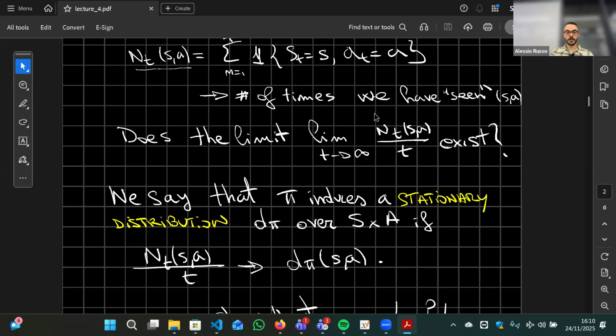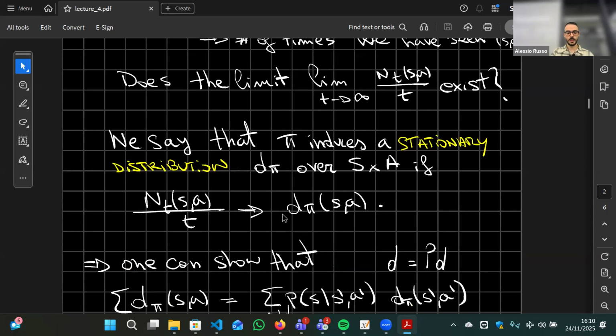In case this quantity converges to a finite quantity, we say that pi induces a stationary distribution. And we call this stationary distribution d pi. So you can think of d pi as the distribution that we approach asymptotically. And d pi basically represents the frequency of times we're going to sample this state-action pair.